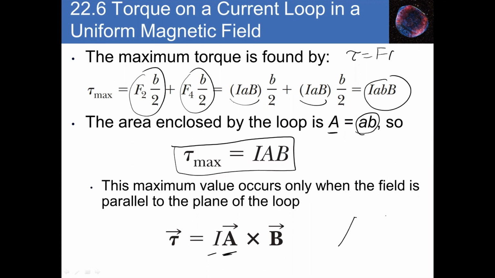Let's say this was your loop, and let's say this was the magnetic field. Remember, the area is taken as a vector area that has magnitude A but is normal to the plane of the loop.